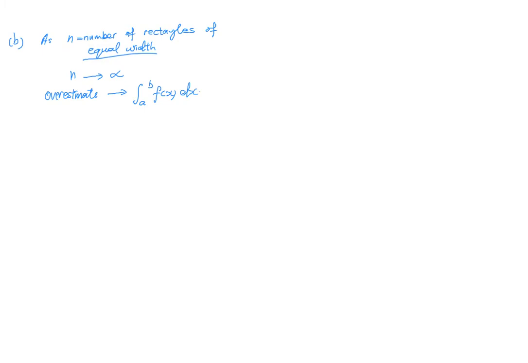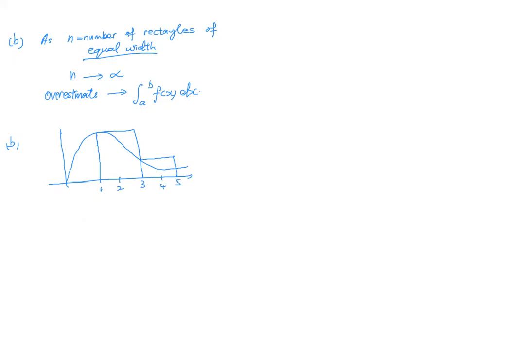Okay, so for the question given, the first part of the question, part B, yeah. So the first part of the question, they give you a graph, right? Then they draw two rectangles. Am I right? They draw two rectangles. This is 1, 2, 3, 4, 5.